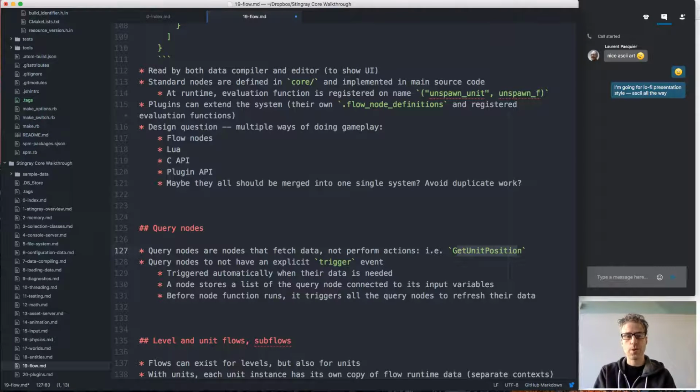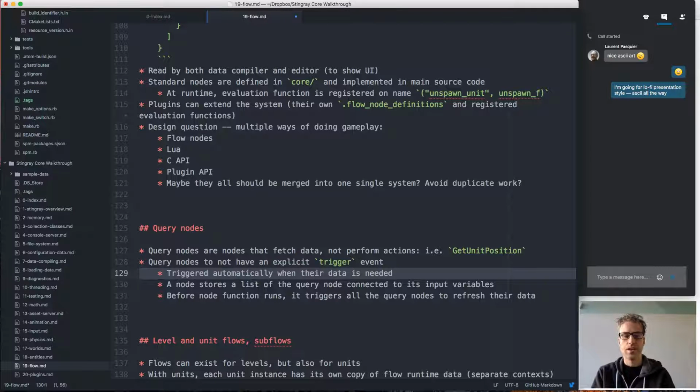Instead, these query nodes are triggered automatically. So whenever they're connected to something and whatever they're connected to needs to run, it will trigger all the query nodes that are connected to it. So it will fetch the data from these nodes automatically without having to explicitly trigger an event to get the data.